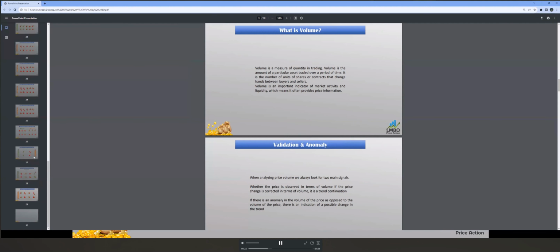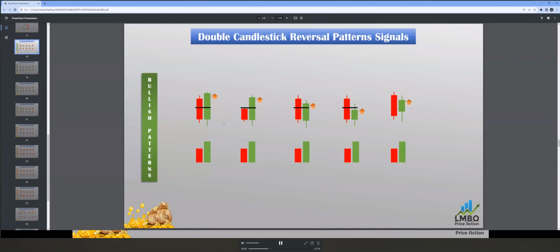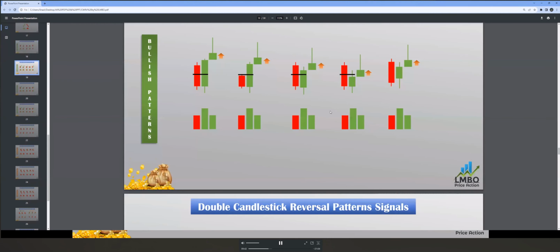So that is the sheet. Look, all these are the patterns. It's the engulfing, the outside bar, a piercing line, the inside bar, a bullish harami. All the bullish patterns.